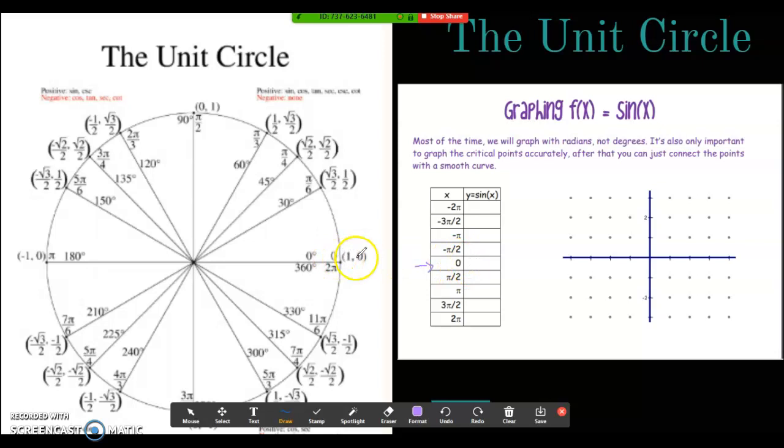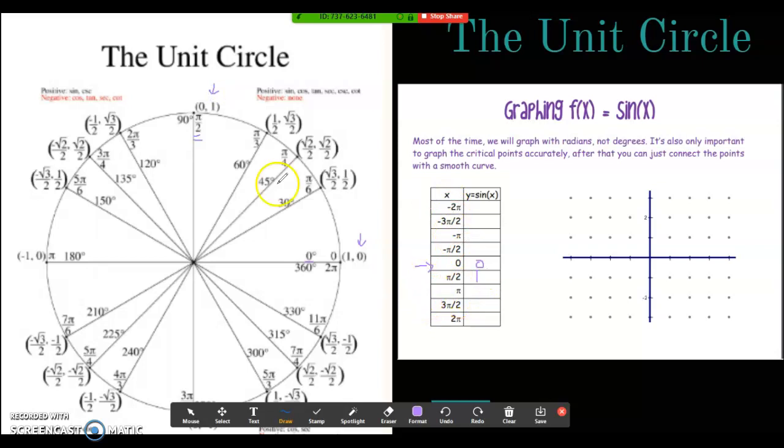If I am at 0, and I need to grab just the sine value at angle 0, the sine value is that y value. So the sine at angle 0 is going to be 0. And then if I go up here to pi over 2, the sine at pi over 2 is going to be 1. It's the y value.